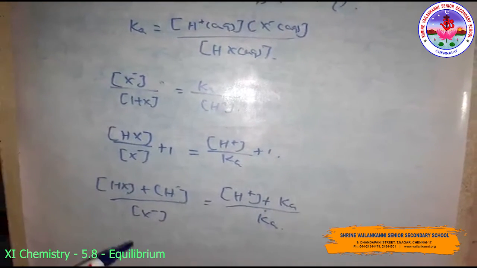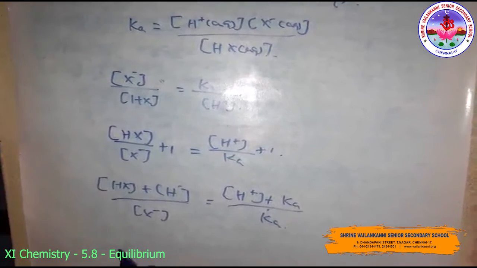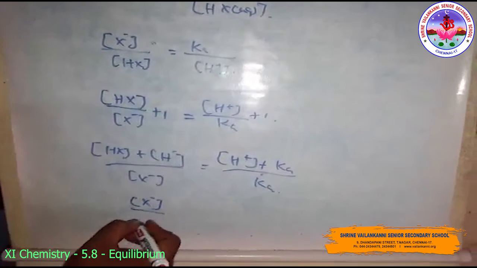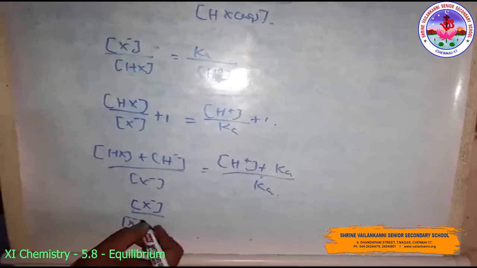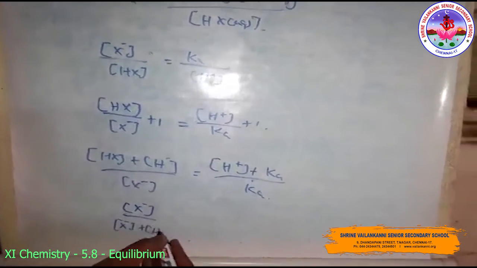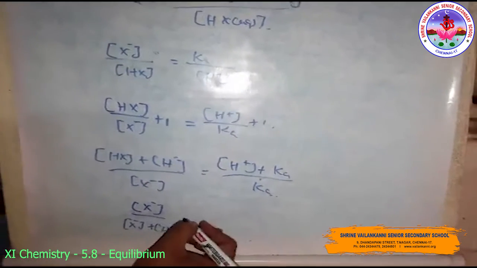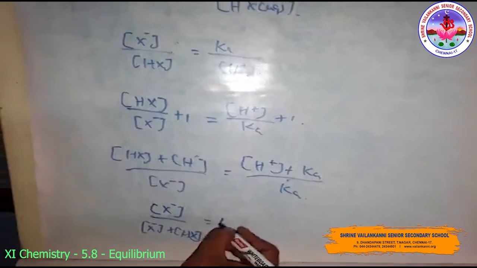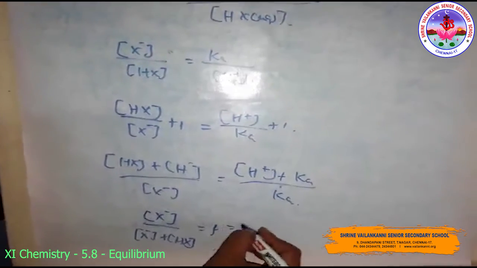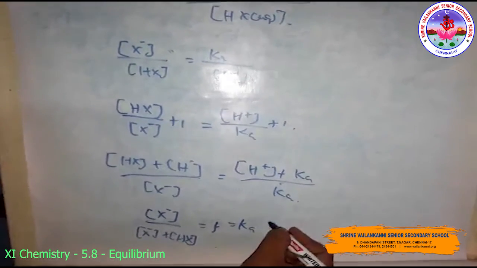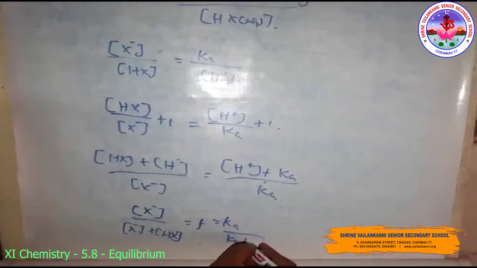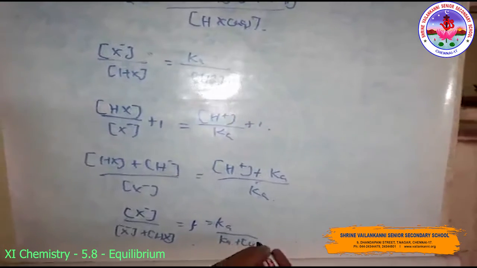Again taking the inverse, we get [X-] divided by ([X-] plus [HX]) is equal to F. This factor F is equal to Ka divided by (Ka plus [H+]).